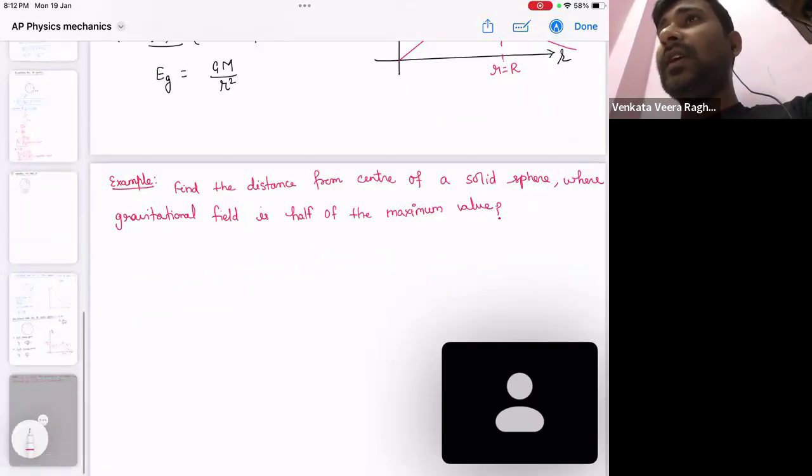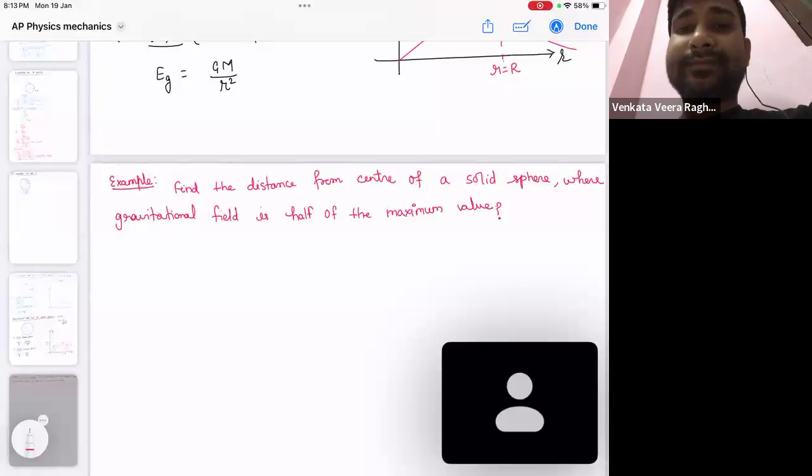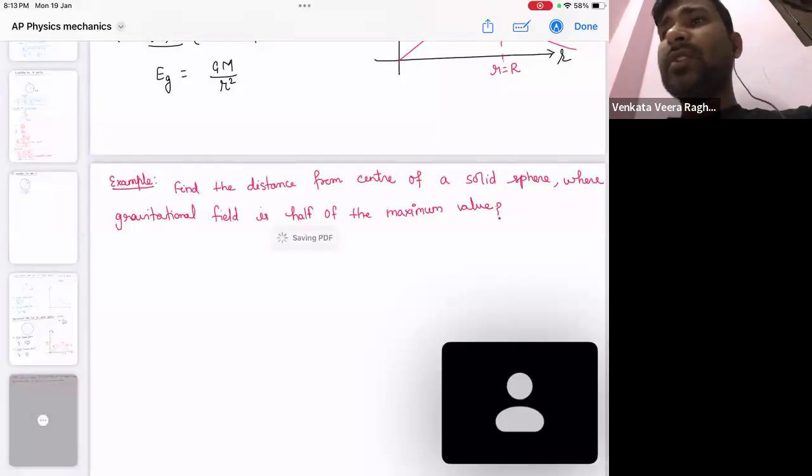What are the two answers? One point will be inside the sphere at some distance from the center, and one point will be outside the sphere at some distance, right? So let's calculate both of them. Solve this one. Very simple question. Please solve it and tell me how much that is coming.